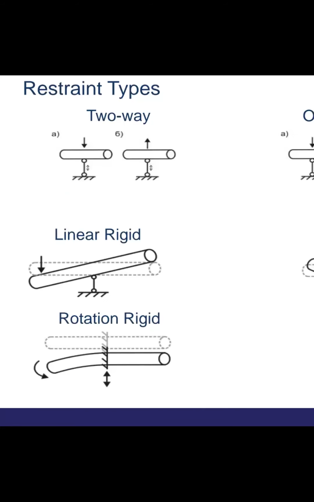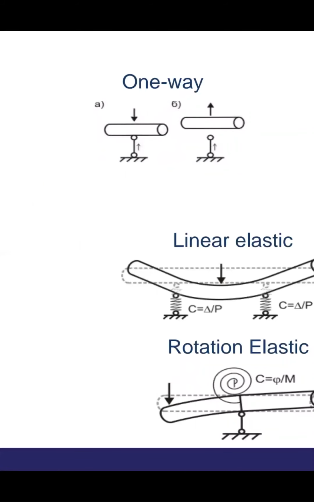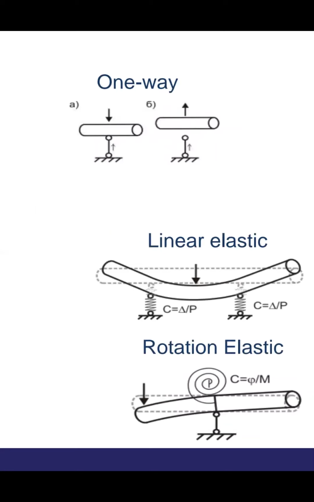So if you see here, you observe that the arrow is showing you that the pipe that is being modeled can be moved either in the upward, which is the vertical direction, or the horizontal direction. Whereas the one-way modeling can only go in one direction. So from the diagram we have here, the upward direction.